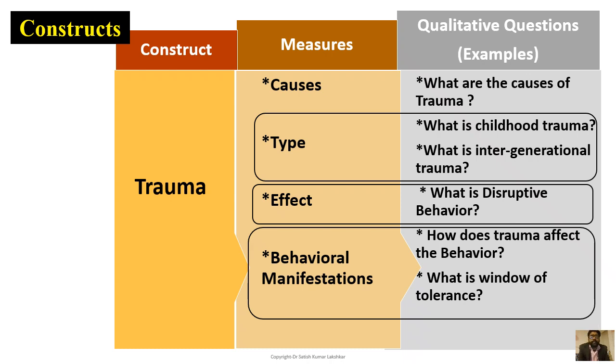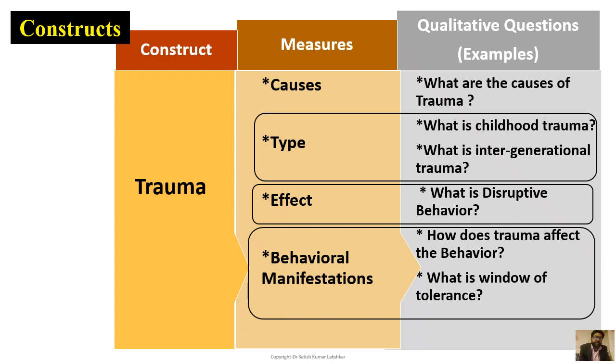When we talk about causes, we try to find out what the causes of trauma are. Type of trauma: what is childhood trauma, what is intergenerational trauma. Effect: what is disruptive behavior. Behavioral manifestations: how does trauma affect behavior, what is the window of tolerance.